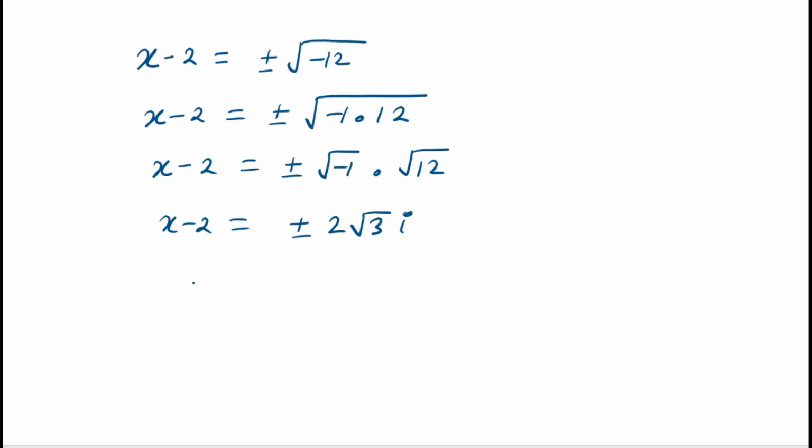So x minus 2 equals plus or minus 2 root 3 iota, and the value of x is 2 plus or minus 2 root 3 iota. We have two possible values of x. The first value of x is 2 plus 2 root 3 iota, and the second value of x is 2 minus 2 root 3 iota.